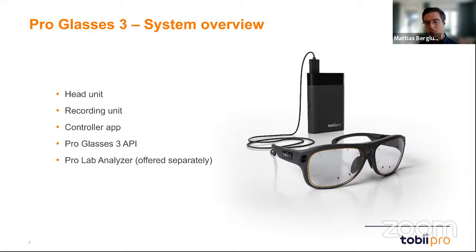Then the system also includes a recording unit that you can have wireless or cabled connected. This includes an SD card, so you can store all the data on it, and it performs the eye tracking processing.